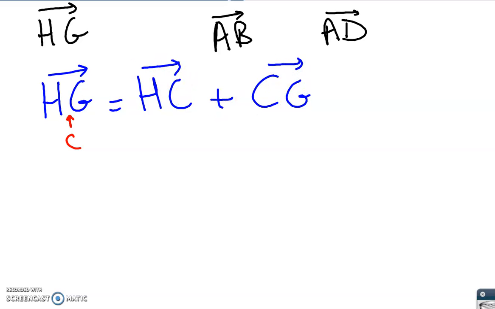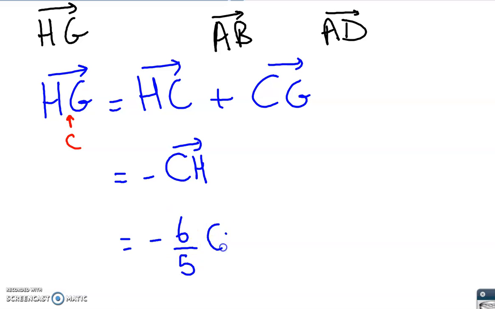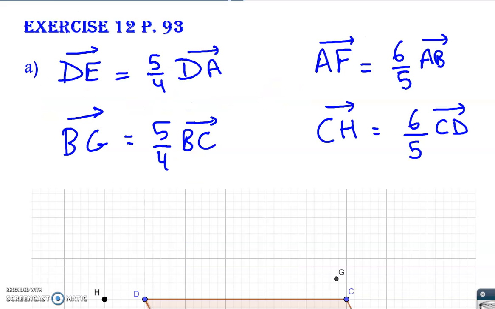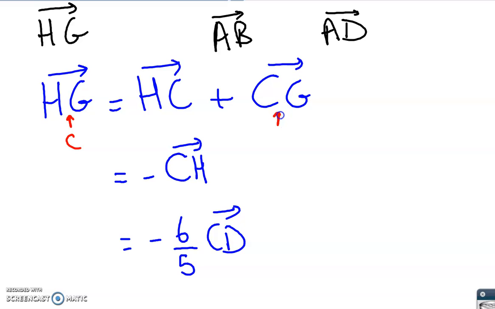HC is minus CH. And we are given CH. And CH is, so I'm skipping some steps here, minus 6 over 5 CD, from the given. Now CG. Let's go back to the given. I don't have CG, but I have BG. So I need to insert letter B. So for CG, I will insert letter B. So this becomes CB plus BG.